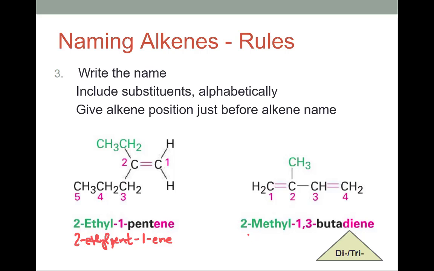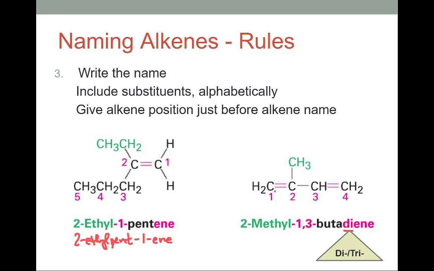Just like before, if I have multiple substituents, I would say I have dimethyl or trimethyl, whatever it might be. The same is true if I have multiple alkenes, except that my prefix goes right there. So here, 2-methyl, and it's a 1,3-butadiene.